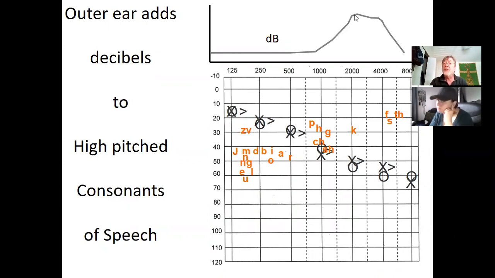You get about a 20 decibel increase. So look what your outer ear canal is doing with its resonance. It's increasing the audibility of the high frequency consonants.